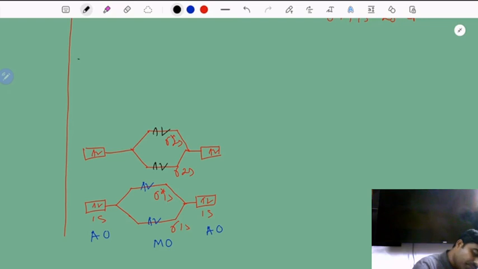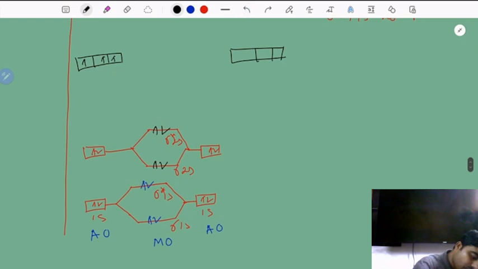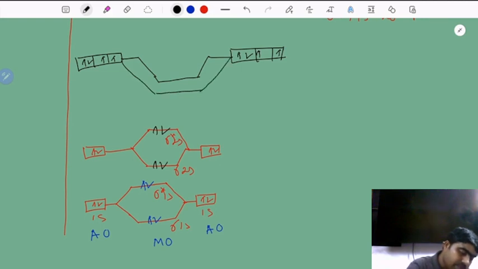Then go for the p orbitals. The p has 3 orbitals, and there are 4 electrons in each atom. According to Hund's rule, we write one electron first, then the electrons are paired. First they make sigma, then pi.